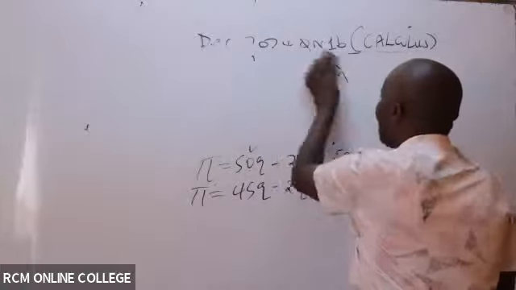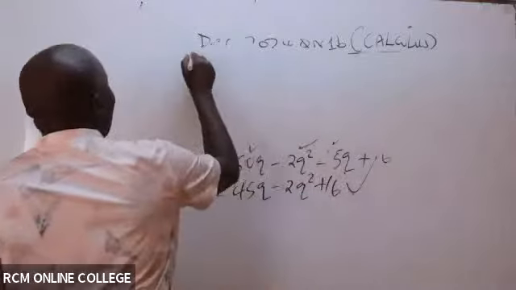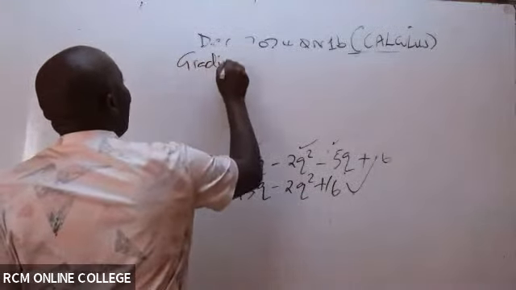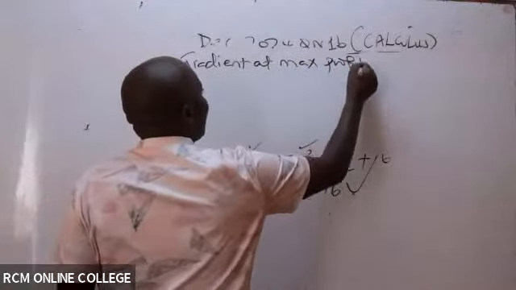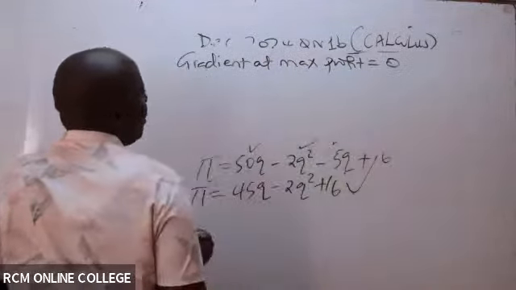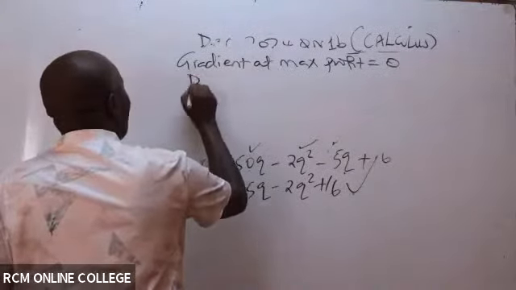That's what you cram: gradient at maximum profit is always equal to 0. And how do we get gradient? Always, for gradient, you differentiate.